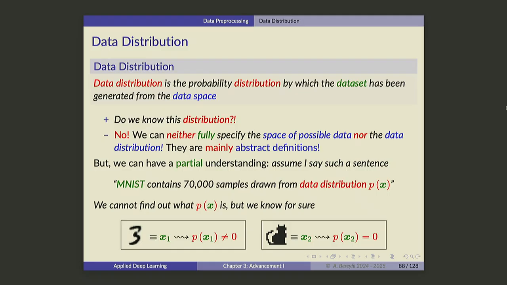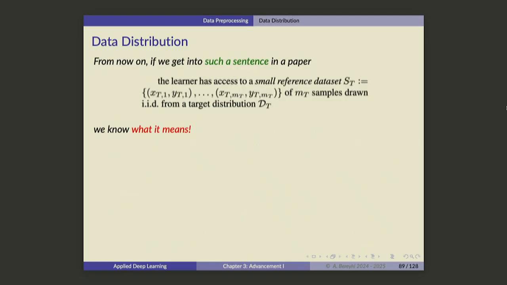Questions? So you got the idea of data distribution, and the data samples that you have are always coming from that data distribution. Now, if you randomly open one paper in this area, most of the time you see something like this.